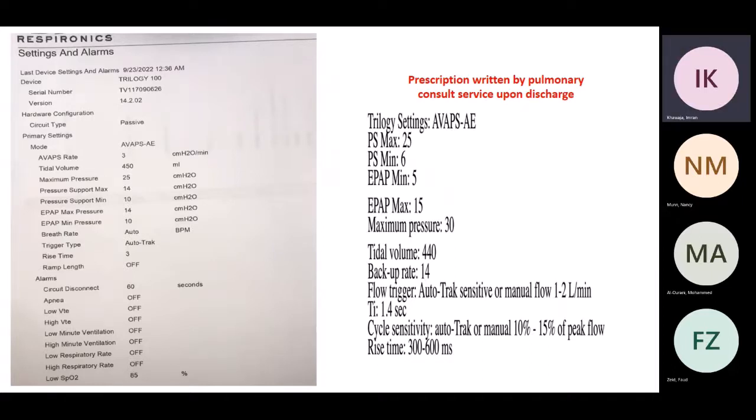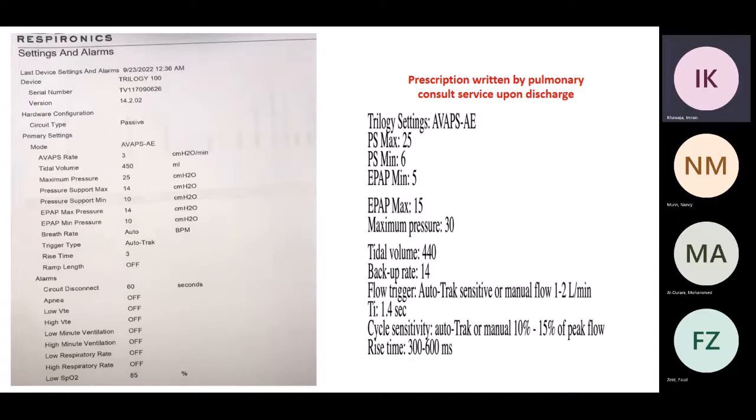What's the difference between the maximum pressure and pressure support max? The maximum pressure is the safety. You are telling the machine, don't let the pressure, the IPAP, go beyond that number, even if the machine determines that IPAP to be needed, because I'm concerned about the patient's safety.